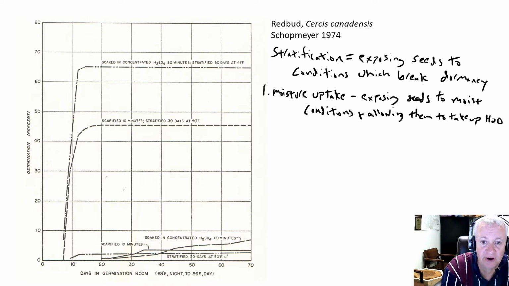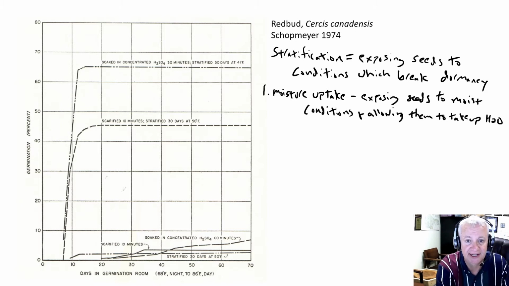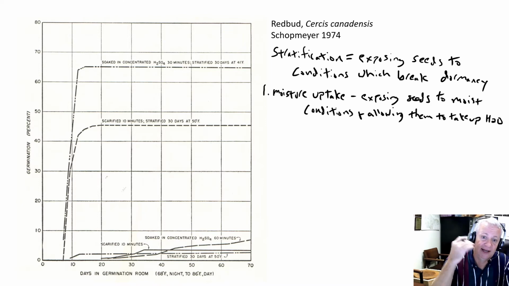So I mentioned before that drying seeds to below 10% moisture content keeps them dormant. And so clearly allowing seeds to take up water is generally one important step in stratification. It's so important that sometimes just the moisture uptake part is what people call stratification.